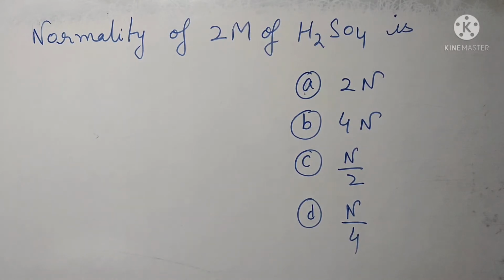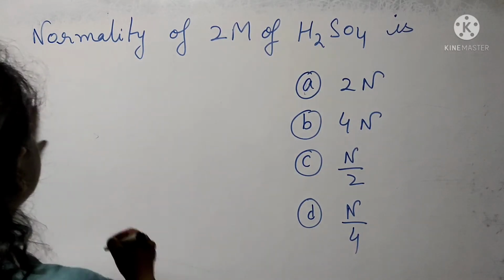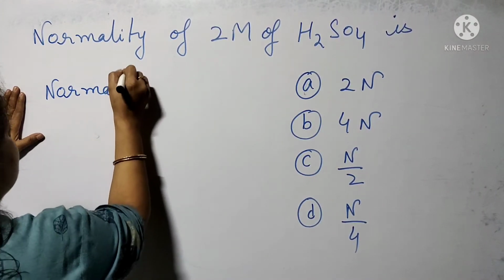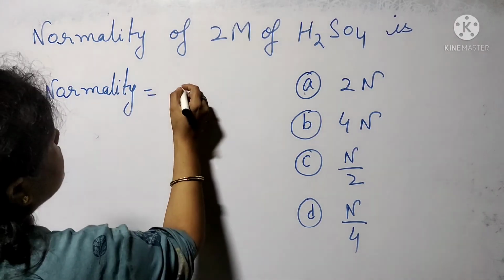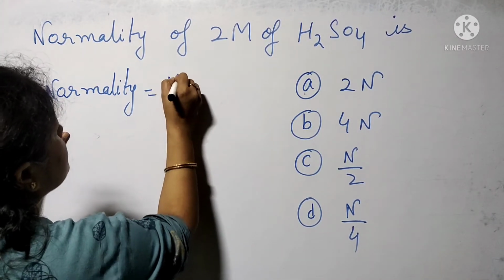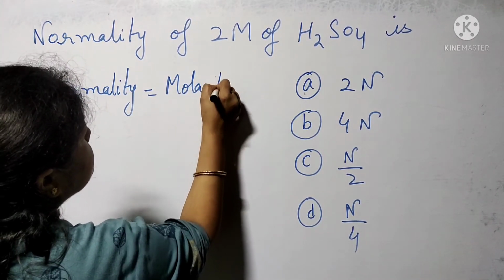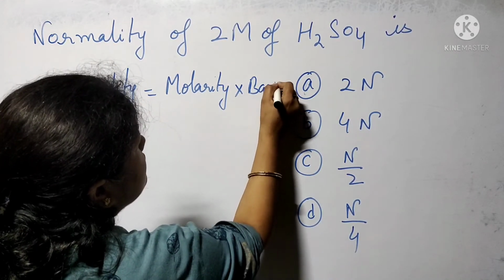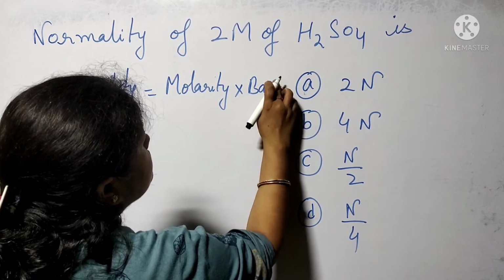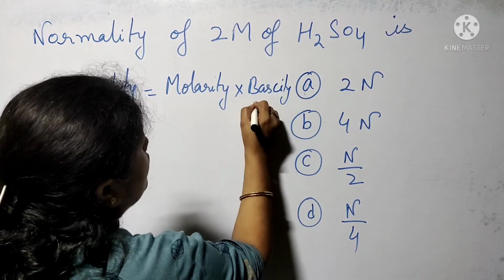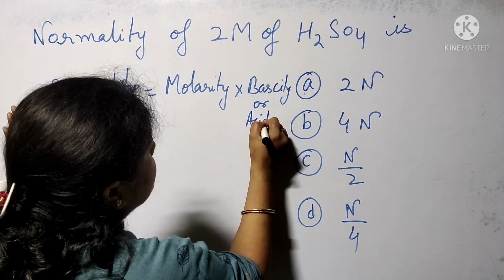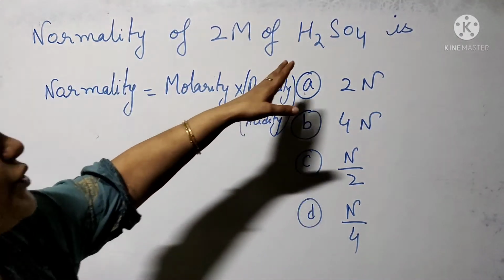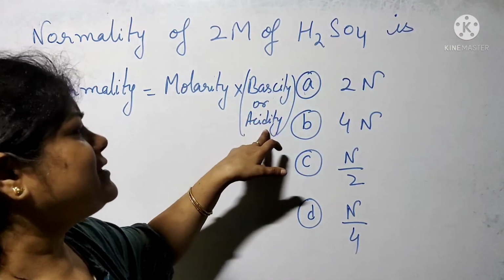With the help of this question, I am giving you a relationship between normality and molarity: normality is equal to molarity into acidity or basicity. Which one do we have to take? Which one is given in the question? Here it is an acid, so we take acidity.